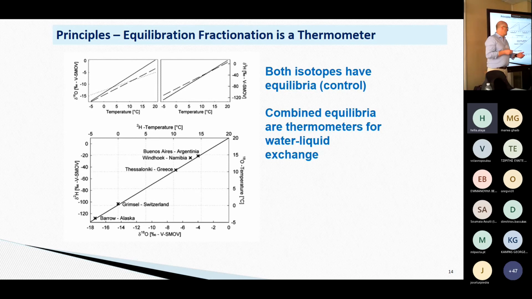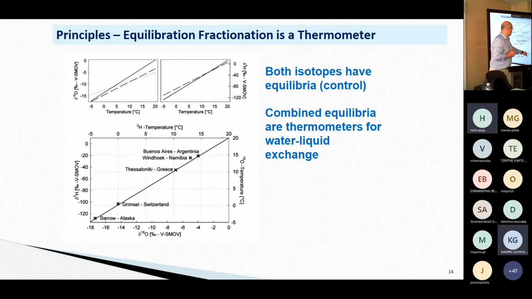And this works. So in this diagram, we have Alaska, Barrow, so we get minus 18, minus 125, 130. Cool conditions. Grimsel, Switzerland, intermediate, still quite depleted. And then Thessaloniki, minus 40, minus 8.